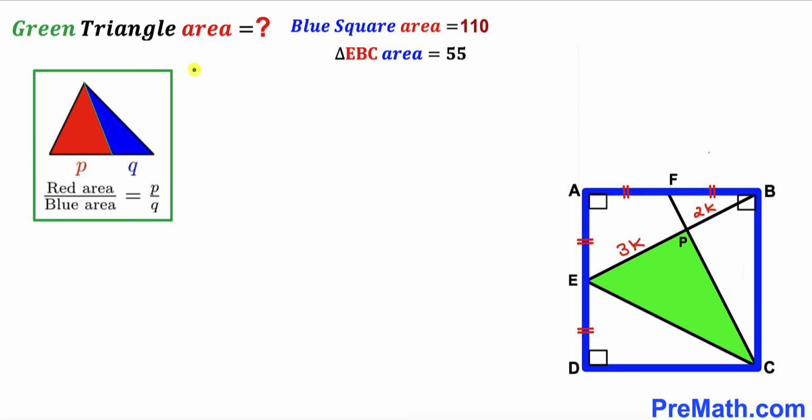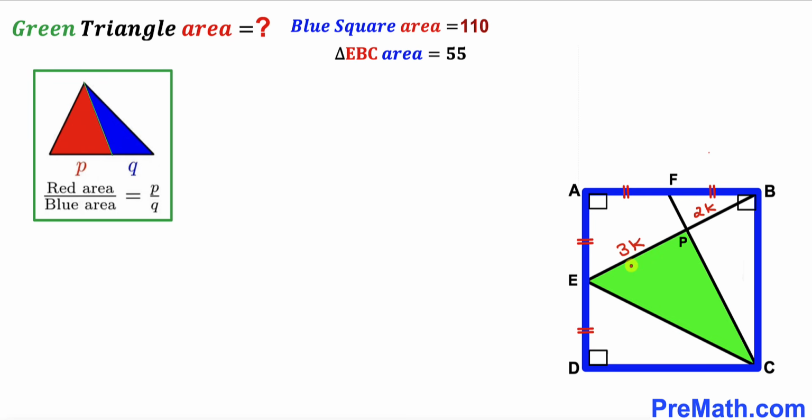Now let's recall this crucial fact. We got these two triangles, this red triangle and this blue triangle, along with their bases, and both of these triangles have the same height. Then the ratio of their areas is equal to the ratio of their bases.